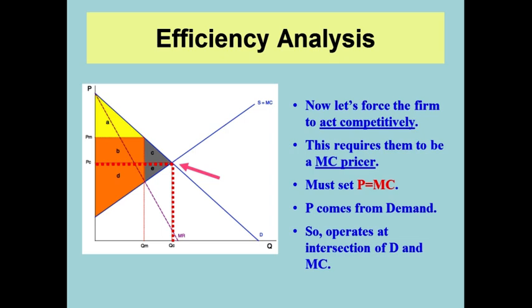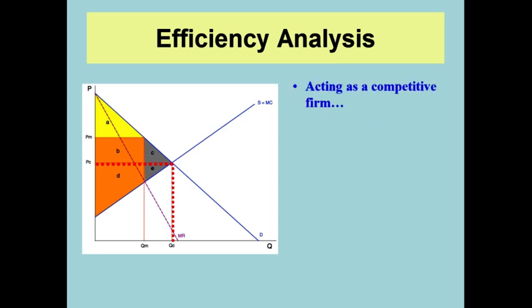That's the point, that intersection right there, where price coming from the demand curve equals marginal cost. So when this monopolist has to act as a competitive firm, they're going to set their price equal to PC. And they're going to set their output equal to QC.